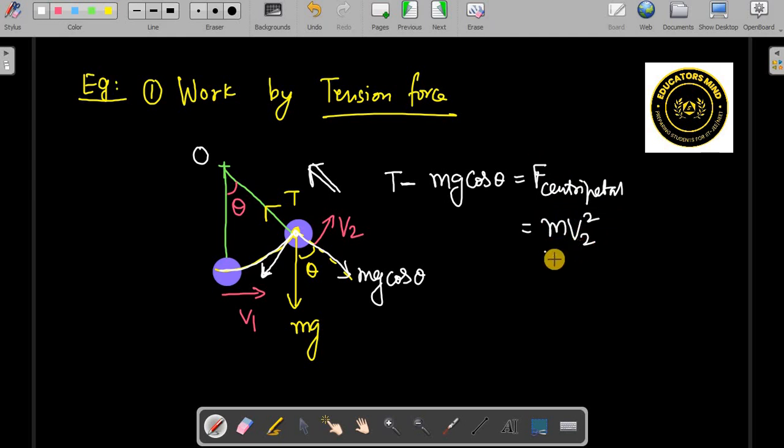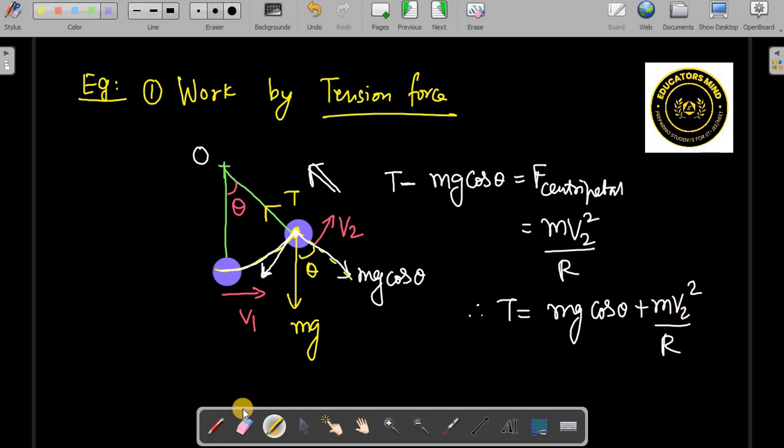Here v is the speed and r is the radius. So from here we can calculate tension. Tension is going to be mg cos theta plus mv squared by r. Of course this speed will also change and the angle will also change. So tension is a variable. Tension is not a constant force.